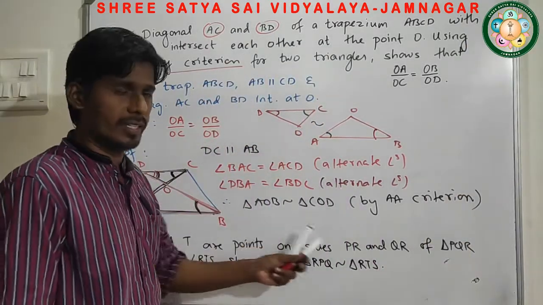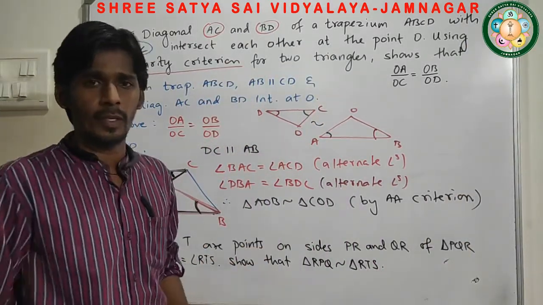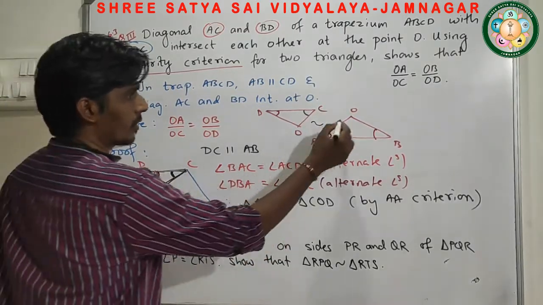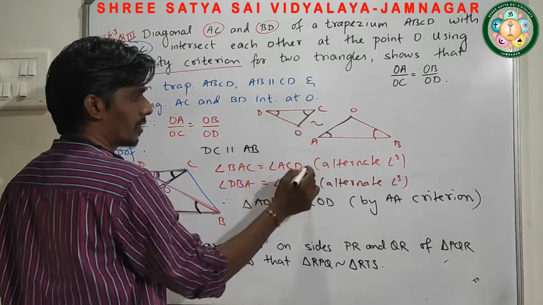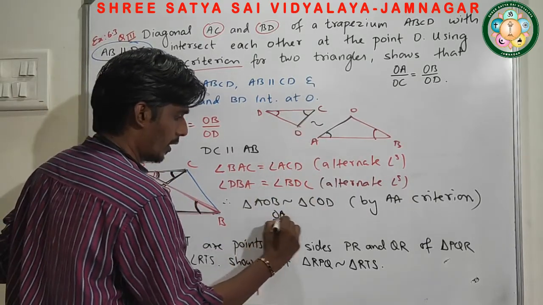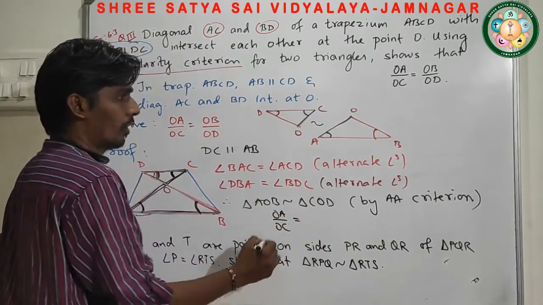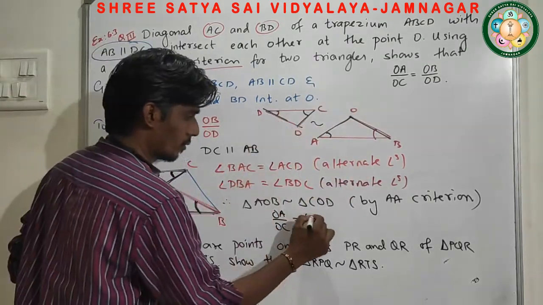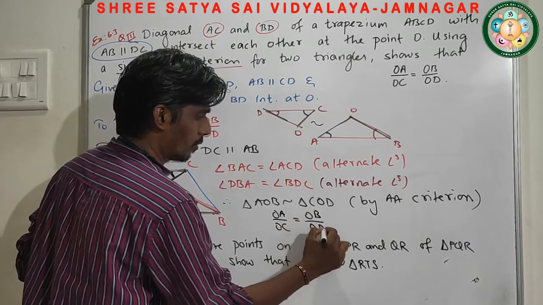Now, as both the triangles are similar, the sides are in proportion. Now we have to take the sides OA upon OC. OA upon OC is equal to what? OB upon OD.